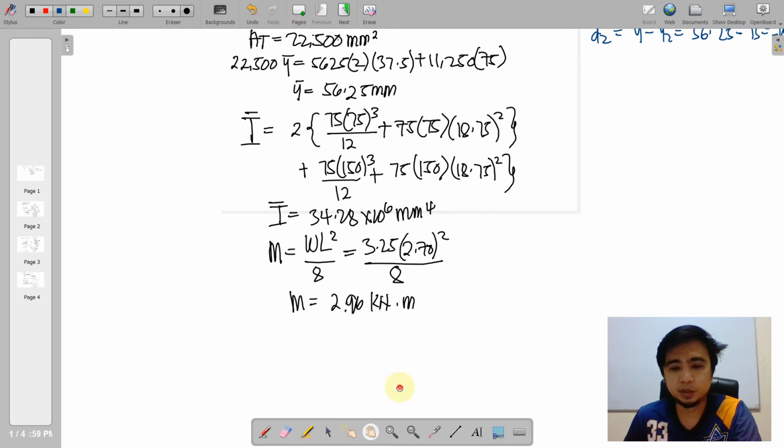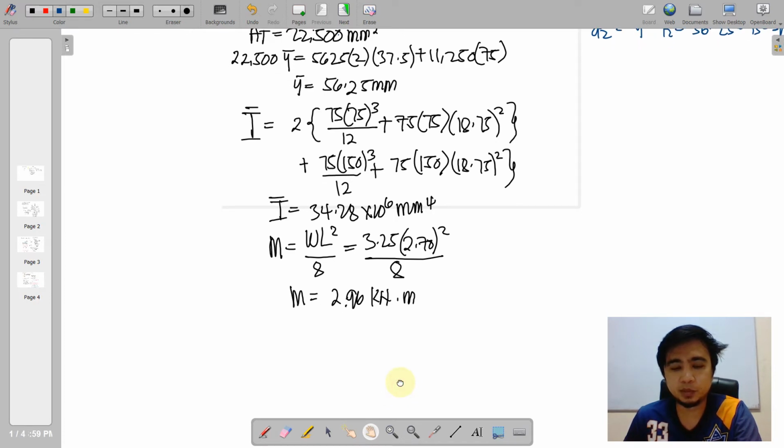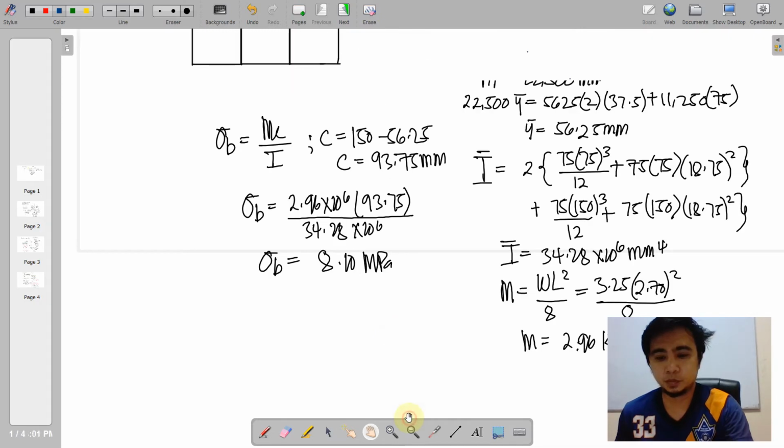So we are now ready to determine our maximum flexural stress. We have this formula, MC all over I, wherein C is the farther distance on top rather than the computed 56.25.